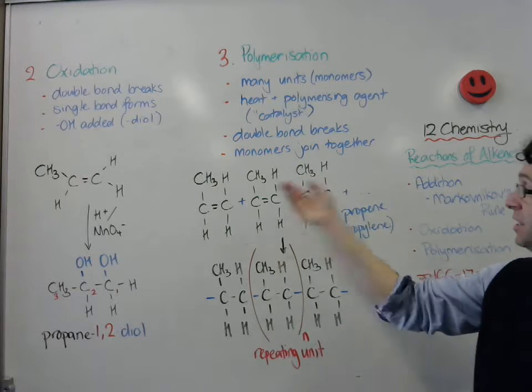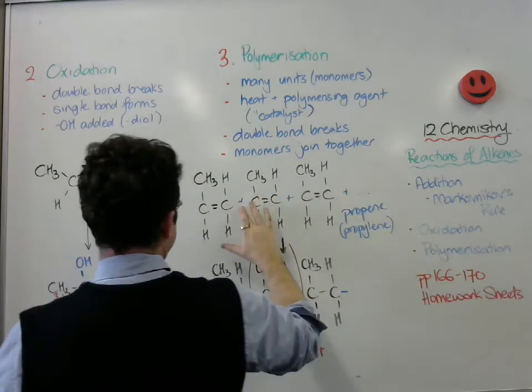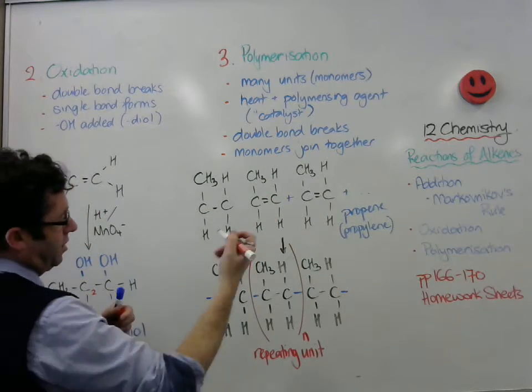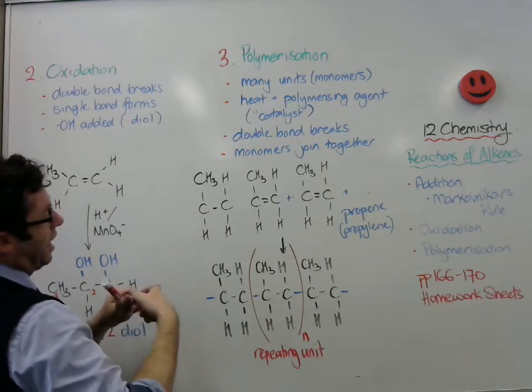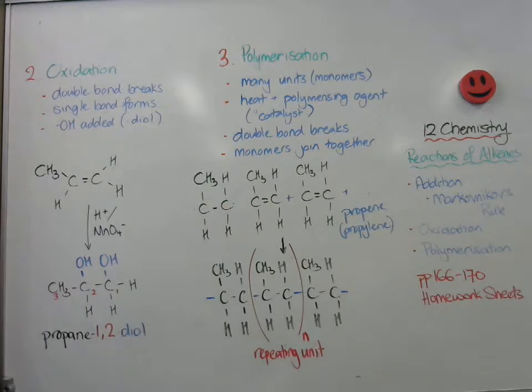And when we put billions and billions of them together, and then we heat them and have a polymerizing agent, which is basically a catalyst, then they start reacting with each other. The double bond breaks and then, whoops, I'm going to use this colour. One electron goes over here, one electron goes over here.